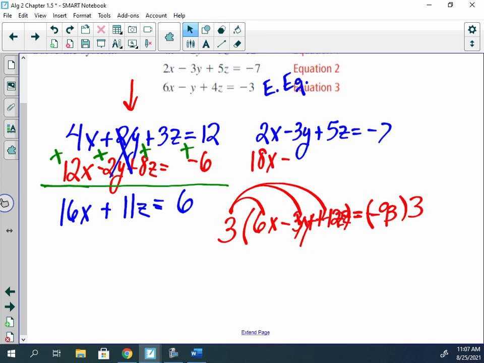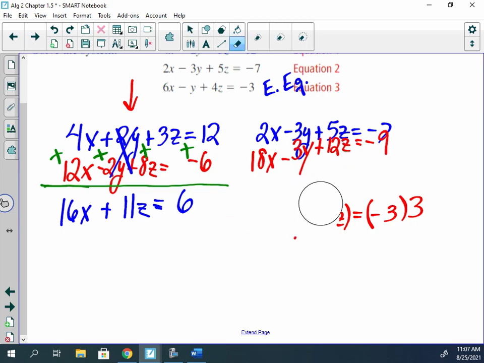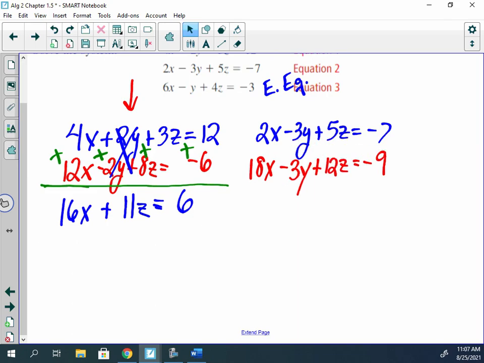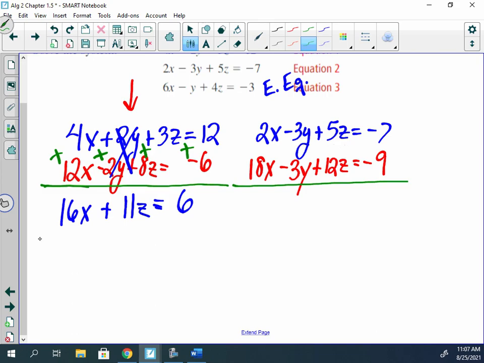I'm going to move it up here. Let's move it up high for starters, because this is going away. I move this down just a little bit. Now, would we add or subtract these? So we're wanting the y's to eliminate, yes?